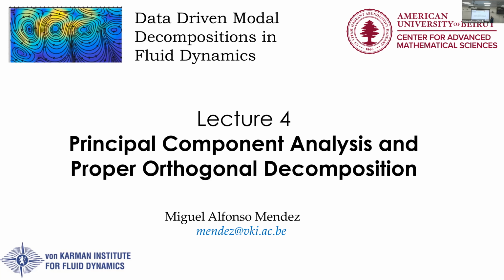We wrote this as the problem of solving a linear system, and we saw that there can be different scenarios. The system might have a solution, no solution, or infinite solutions, and we said we will stick mostly to the least square flavor of the problem, which is the case where you don't have an exact solution, but you just project your data into a basis.